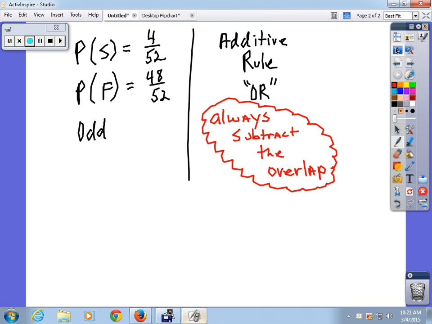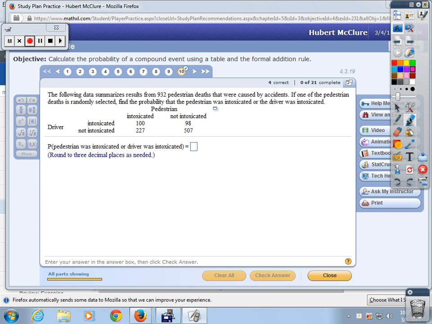All right, so we've got the word or right there. The pedestrian was intoxicated, or the driver was intoxicated.